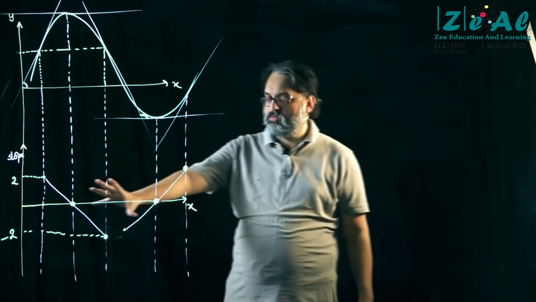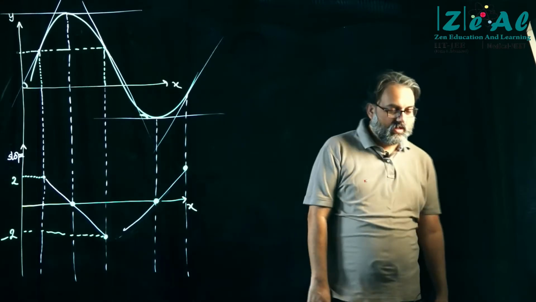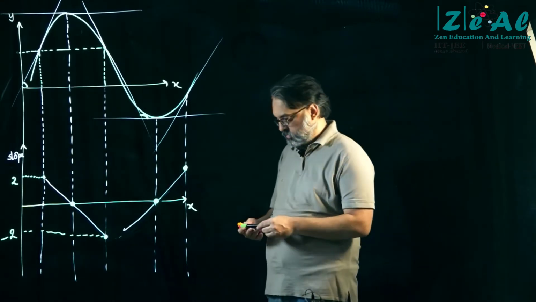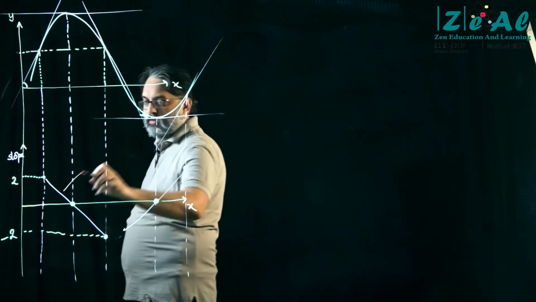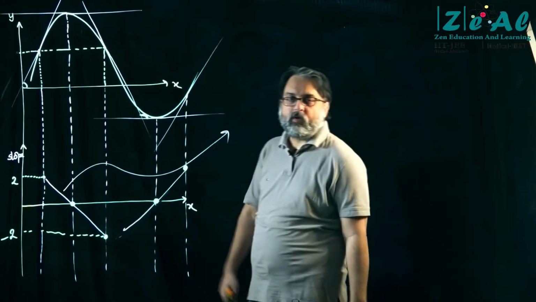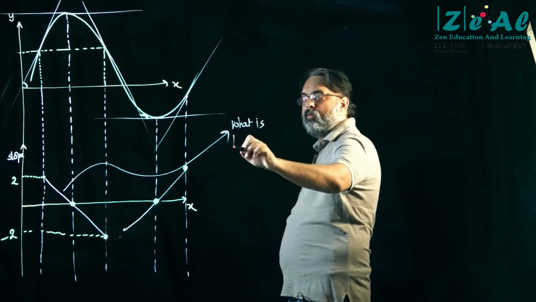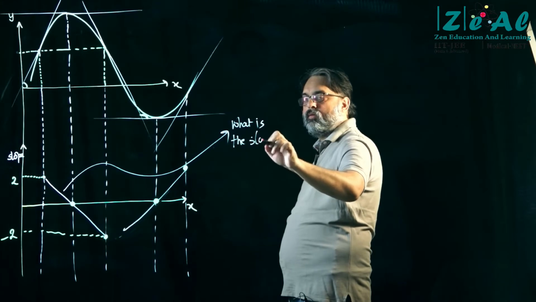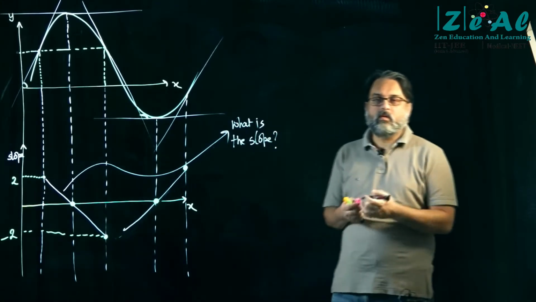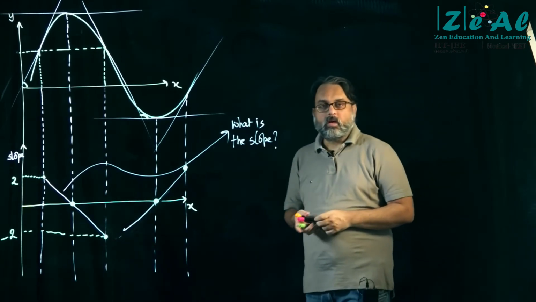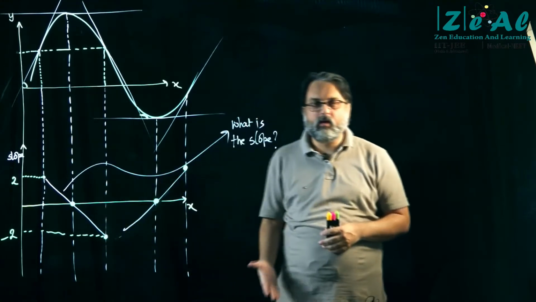Now, I want to do something very crazy. I want to talk about the slope of this guy. Okay, I want to talk about what is the slope of this straight line.